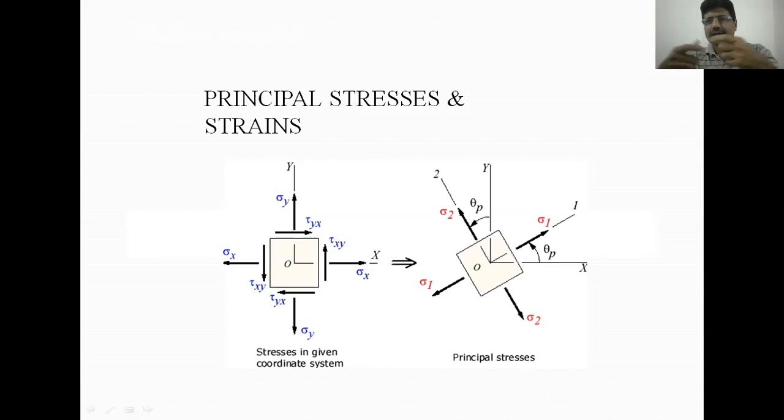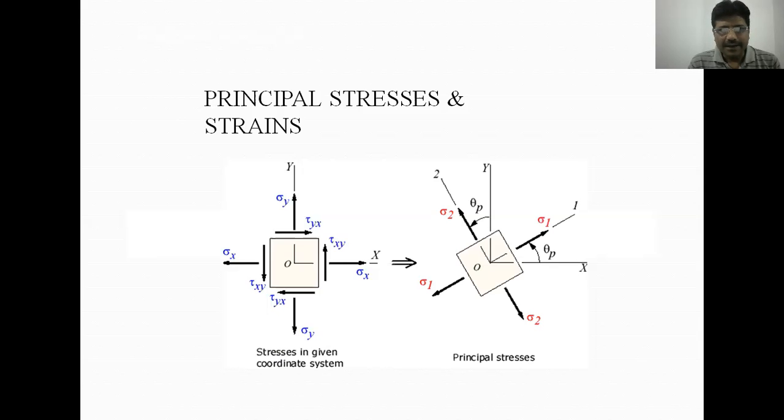In both perpendicular axes, the body is being pulled. So the stresses that are developed are sigma x and sigma y. Sigma x and sigma y are the direct stresses acting along the x and y axes of the body.